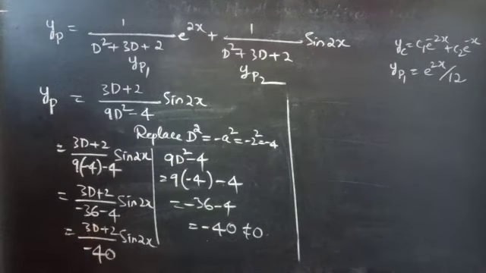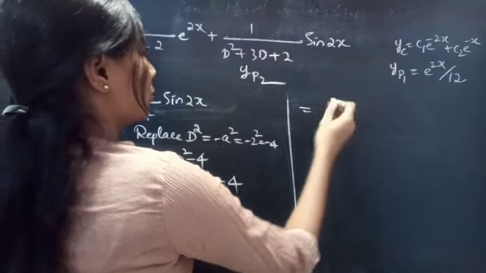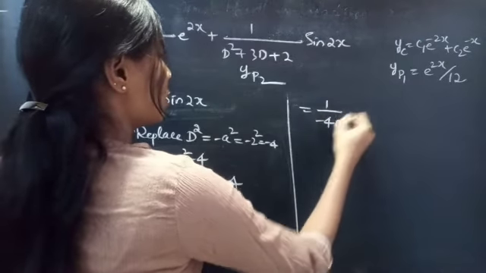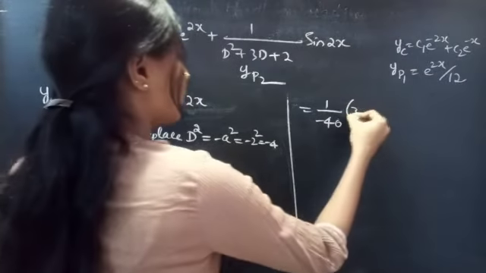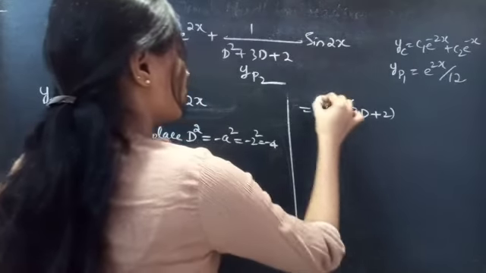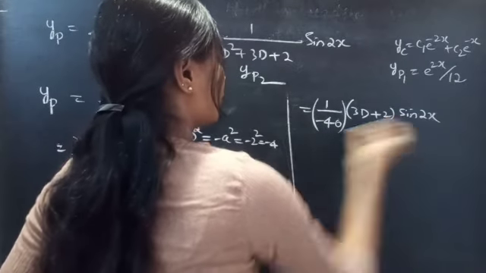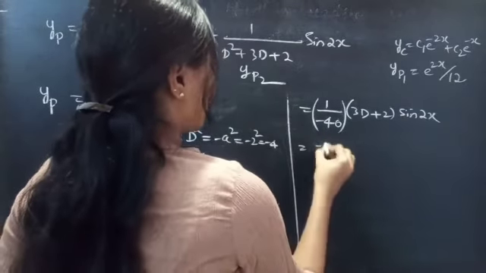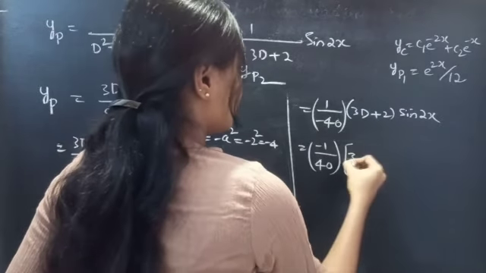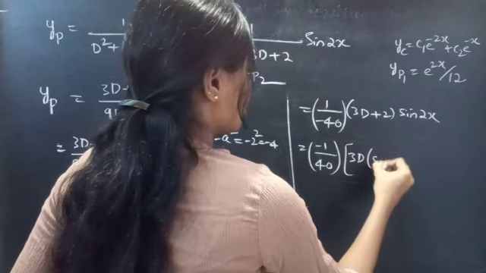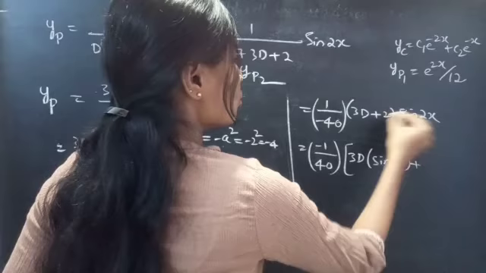You can split this as 1 by minus 40 into 3D plus 2 into sine 2x, right? You can write 1 by minus 40 as minus 1 by 40 into 3D sine 2x, that is derivative of 3 into derivative of sine 2x plus 2 sine 2x.